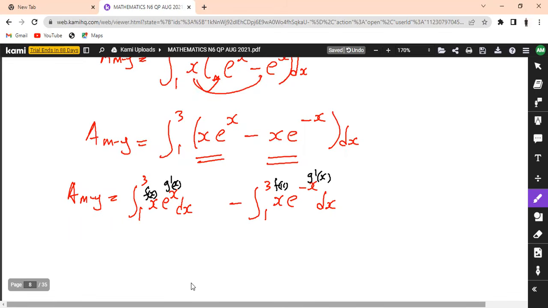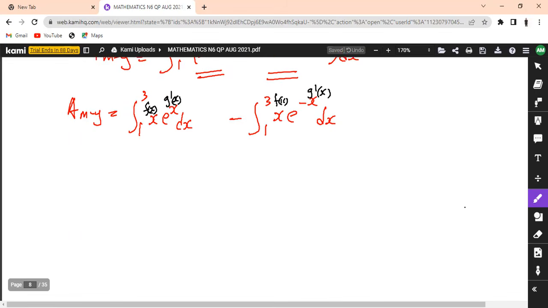Remember our by parts formula: whatever you have in the integral, it is going to give you f of x times g of x, minus the integral of f prime x times g of x dx.